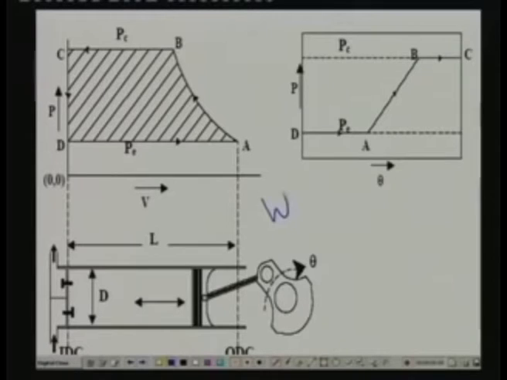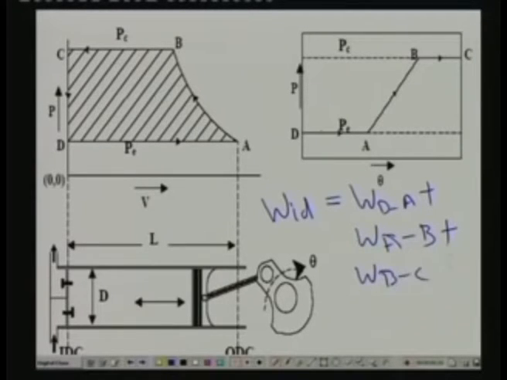So, total work input in one cycle W_ID is the work done during the process D to A, plus the work input to the compressor during process A to B, plus the work input to the compressor during process B to C, because it consists of 3 processes. So, the total work input is the sum total of all these 3 processes.